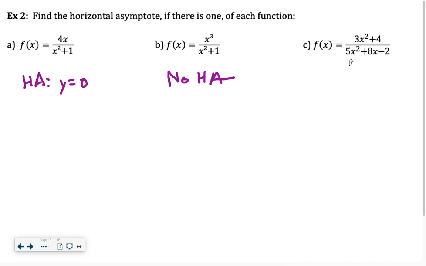Second degree, second degree. That means that my horizontal asymptote is leading coefficient over leading coefficient. So my horizontal asymptote here would just be y equals 3 over 5.